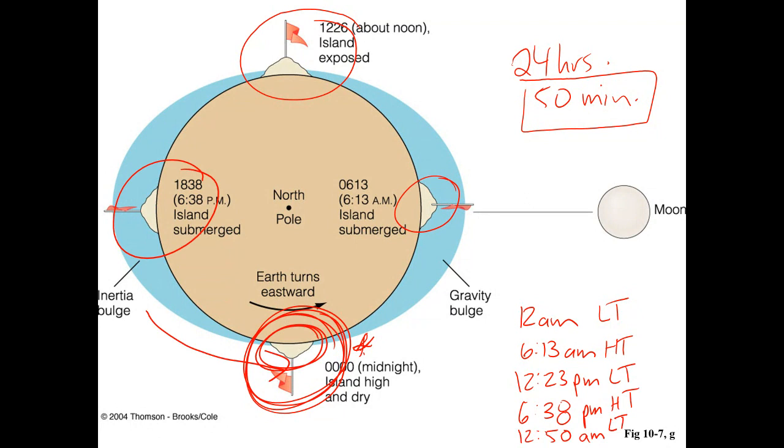Okay, so let's call this December 1st. This would be December 2nd. So we're going to be at this exact same location, at this exact same viewing, 50 minutes later tomorrow.